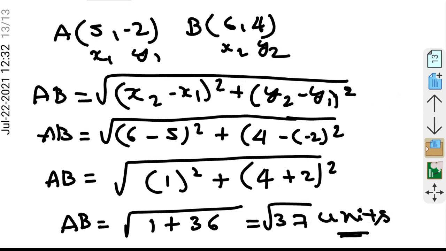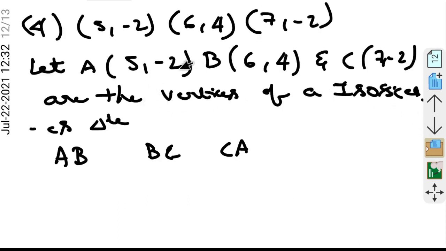Now why are we doing it like this? Because we want to find whether the given coordinate points are vertices of an isosceles triangle or not. By using the distance formula, first find the answers for AB, BC, CA, and out of these three, if two values are equal, then directly we can say the coordinate points are vertices of an isosceles triangle.